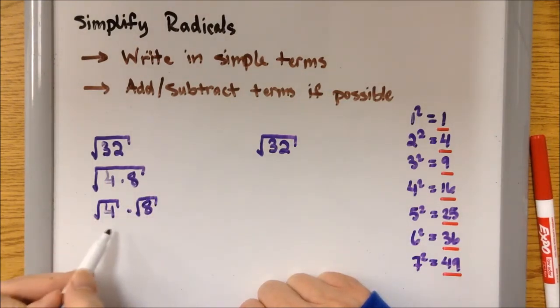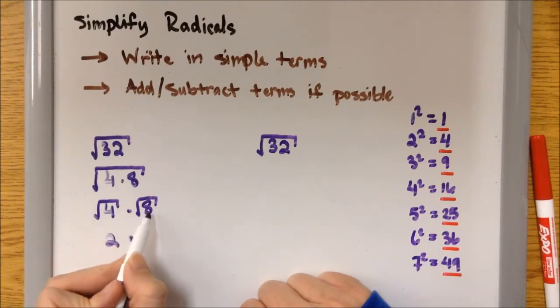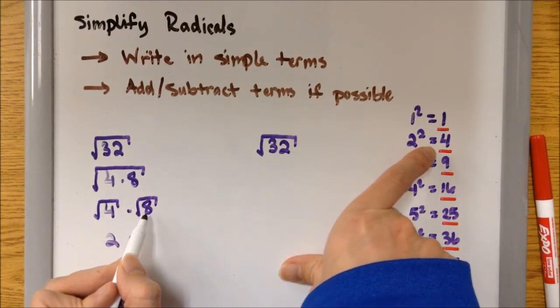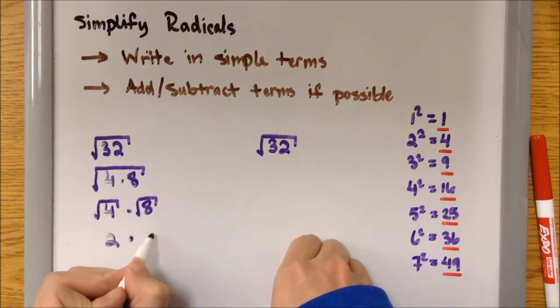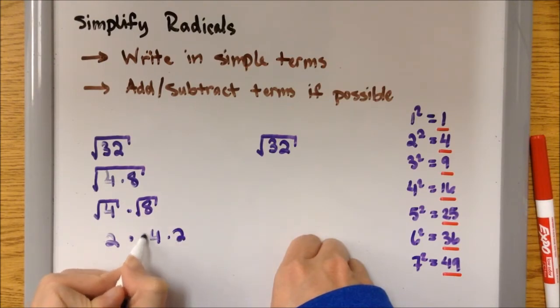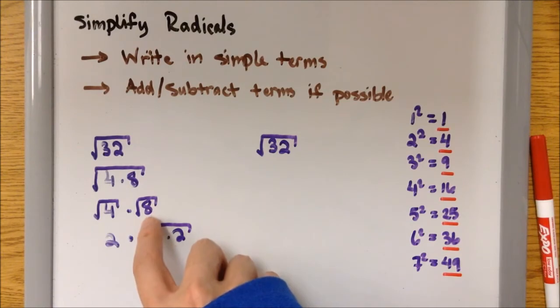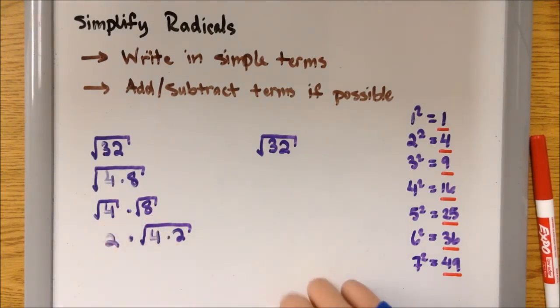Now, I can apply the square root of 4, which is 2. But also, you can break the 8, because 4 is a factor of 8. So I'm going to rewrite it as 4 times 2. The 4 times 2 is for that 8, and the 2 is the square root of 4.